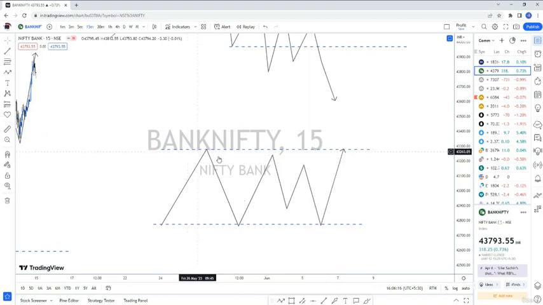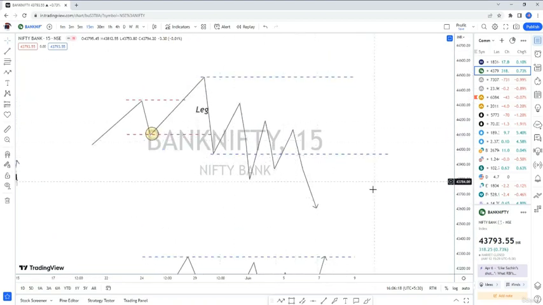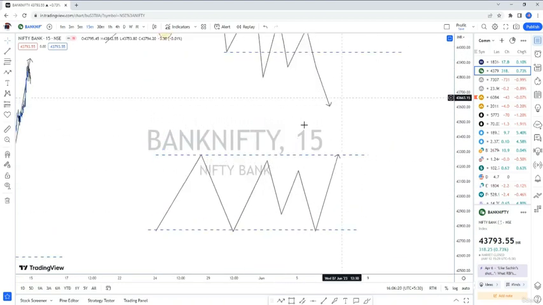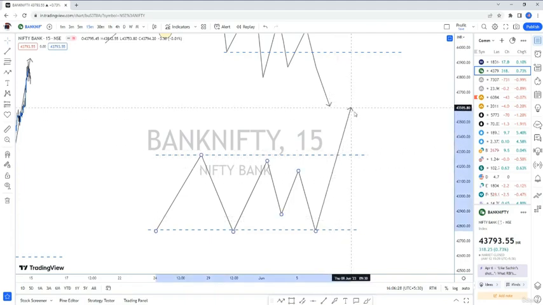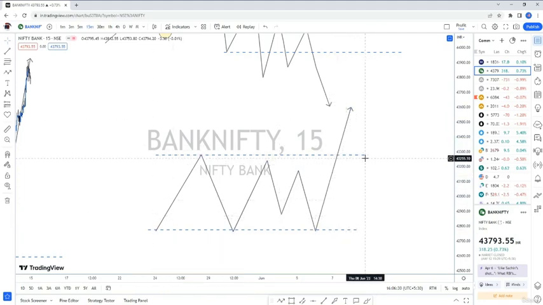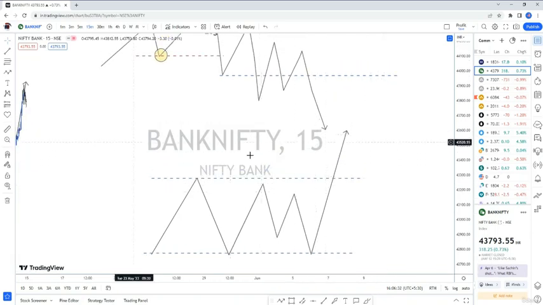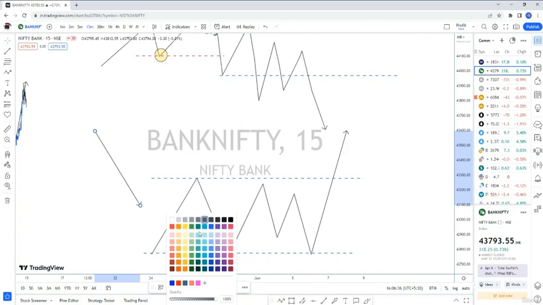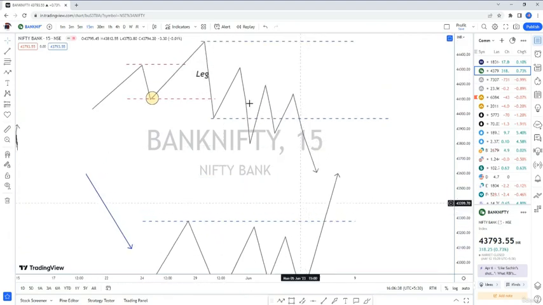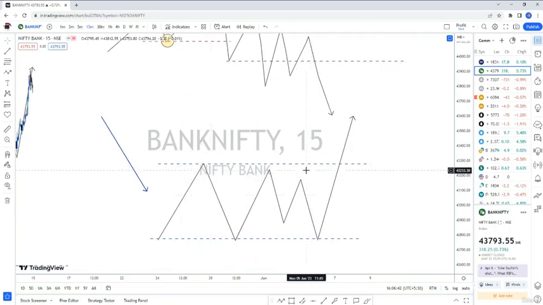Or it can also make a range inside this area, going up, going down, going up, going down, and then finally it can decide, okay, I'm going to go up. Then the decision is clear. So this is just a partial concept that has been taught to you so far, not the actual concept. Inside this pattern resides what is called a range.